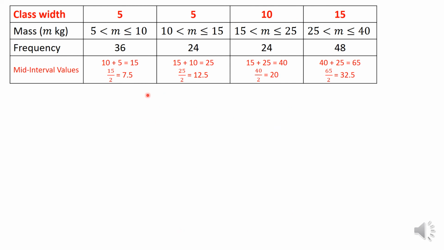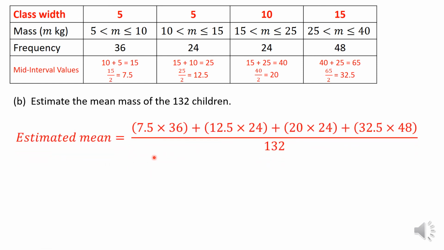Now, for the part where I talked about the mid-interval values, we're going to find the estimate of the mean. We can't calculate the mean exactly because this is grouped data, so that is where the mid-interval comes in. Whenever you get a question where you're told to find the estimate of the mean, work out the mid-interval values, multiply them with the frequencies, and add them up as you go along.